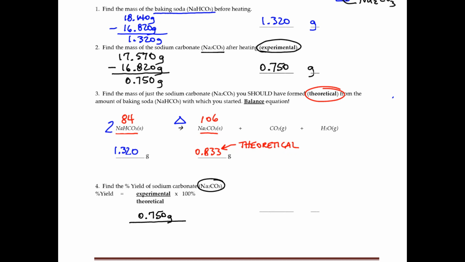I was supposed to make 0.833 grams theoretically, times 100. And my results will give me 90.1% yield. And this is how you would find the percent yield in your lab.